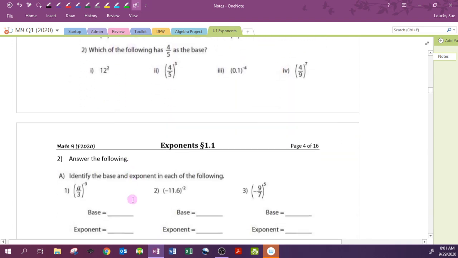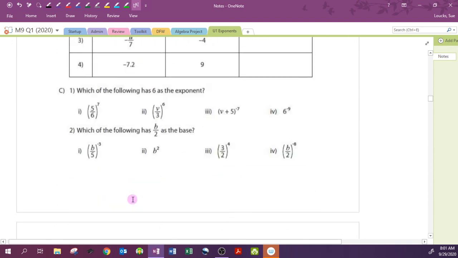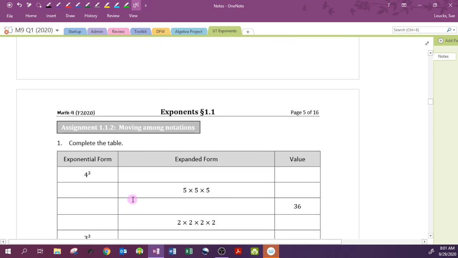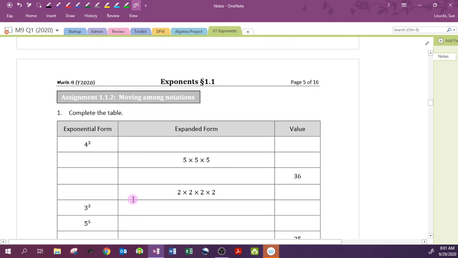Okay, and there's 2 pages of that, and then this table. You're just changing things from exponential form to expanded form, and then value, which is what does it equal. So for here, we've got 4 cubed, which is 4 times 4 times 4.